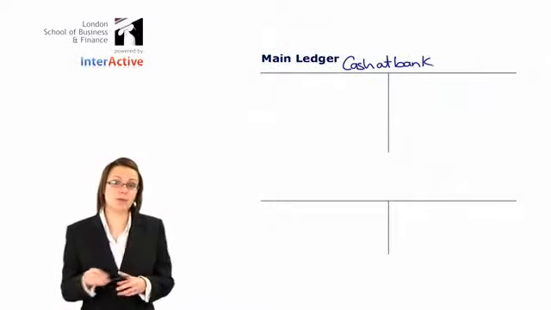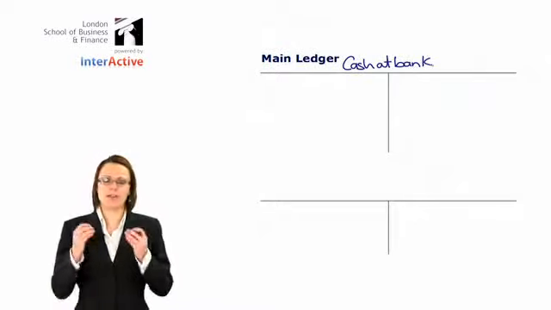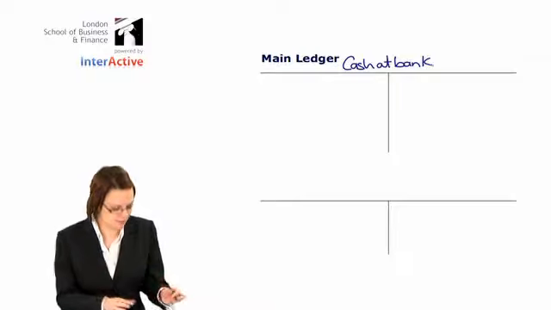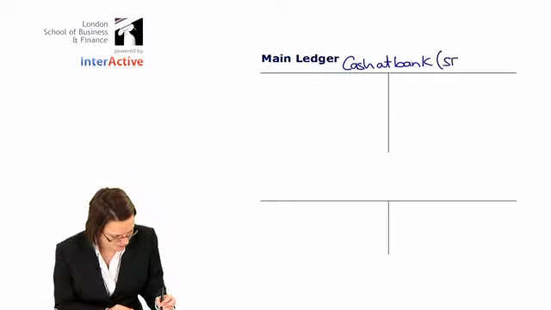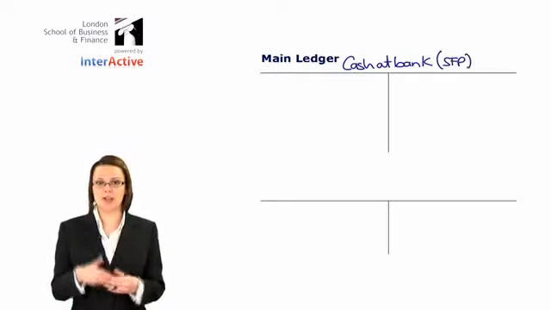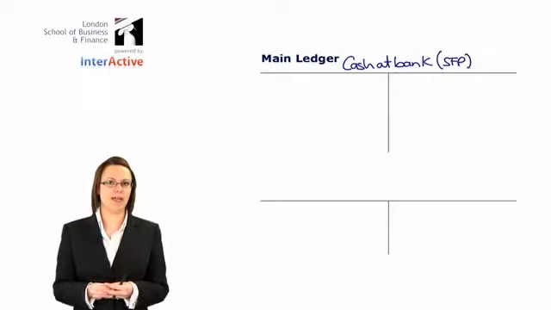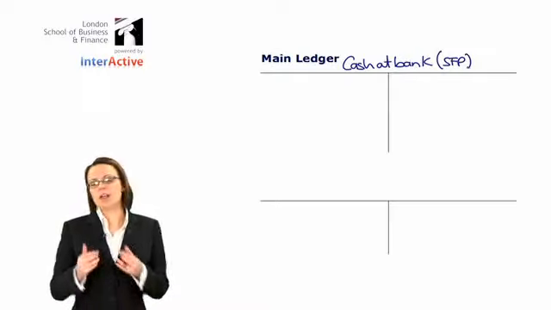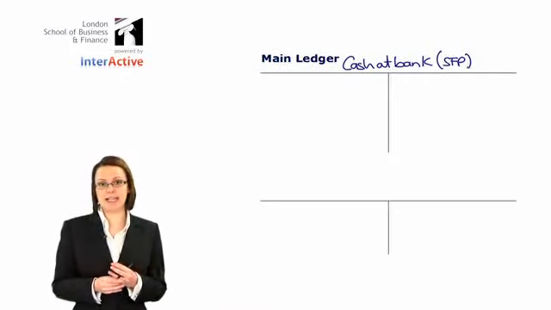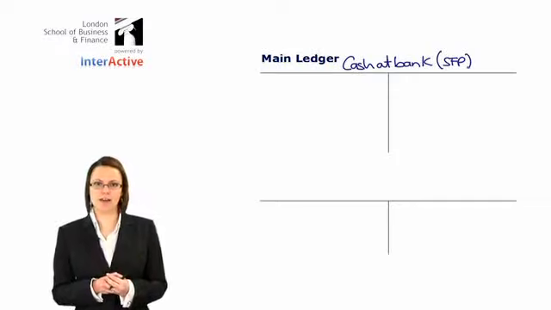So what I'm going to do at this point is remind myself that the financial statement it's going to get put into is the statement of financial position. And remember, when I talk about a statement of financial position, I abbreviate it to SFP. Now, along with the name of the account at the top, we also need to state the debit and the credit side.